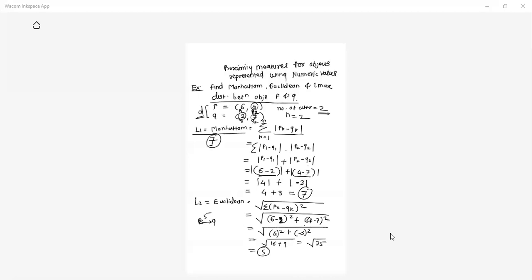Then next, the same example using the L infinity norm.